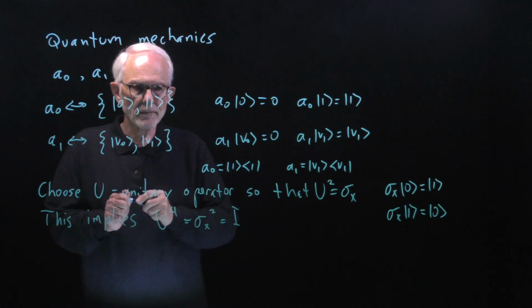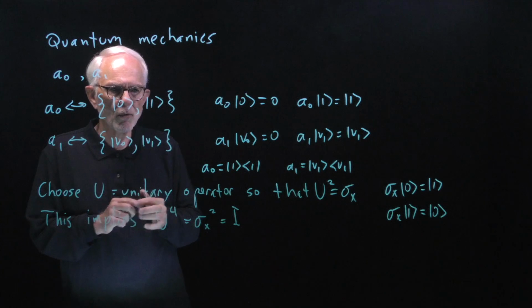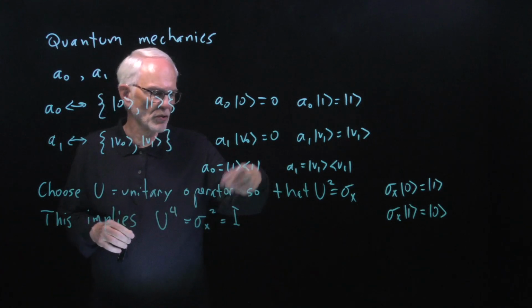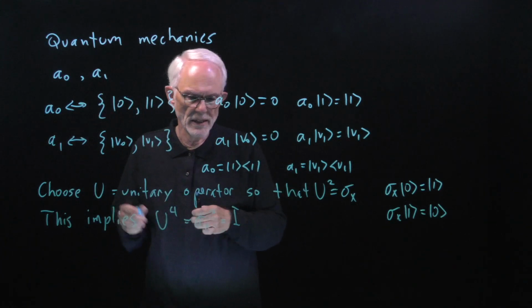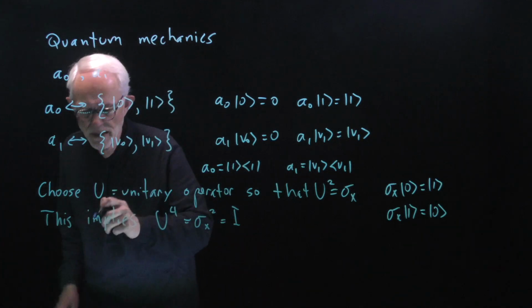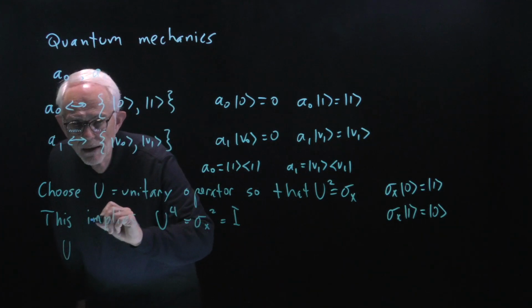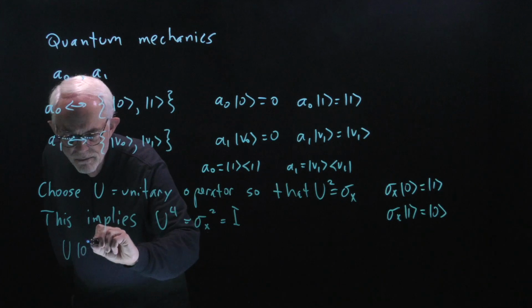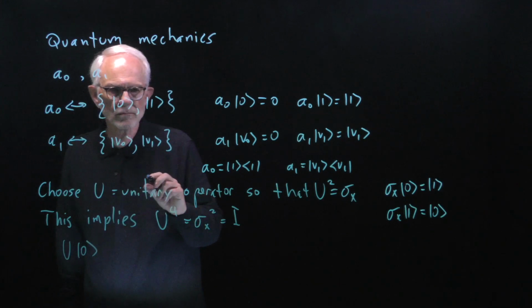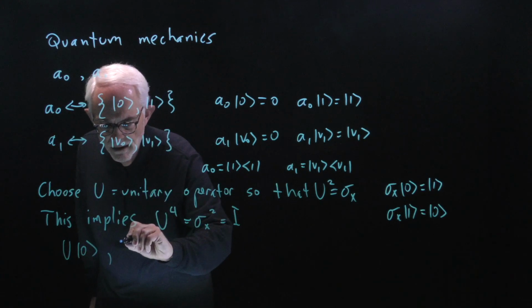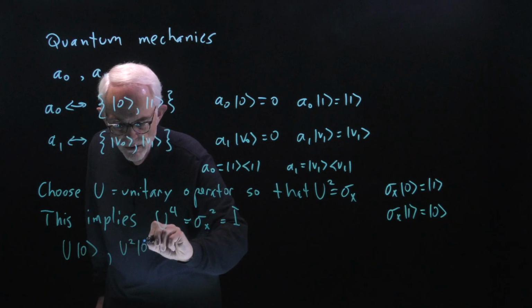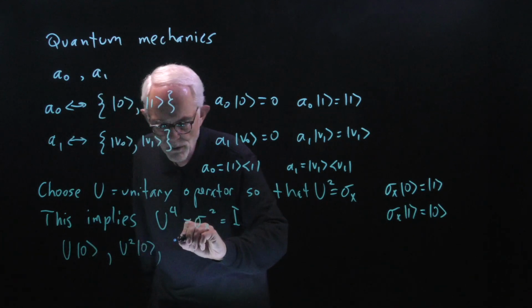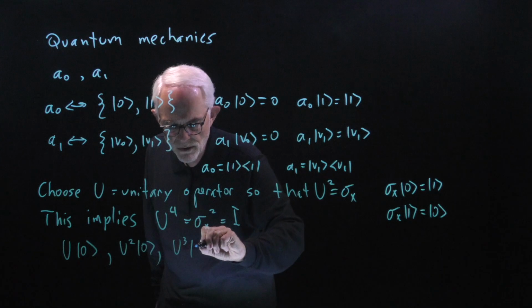Now for the other basis, I'm just going to start applying U to 0 and see what happens. So let's take U acting on 0, then U squared acting on 0, and U cubed acting on 0.